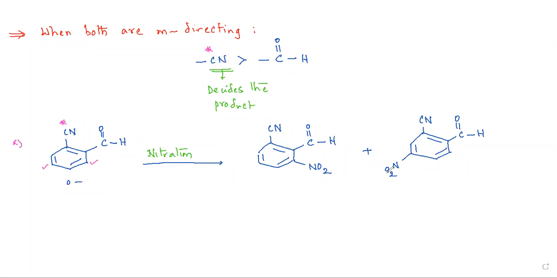Check whether they are the same or not. If they are the same, take them as just one isomer. But here, as you can see, these are different. So, in this case, we get two isomers, right?